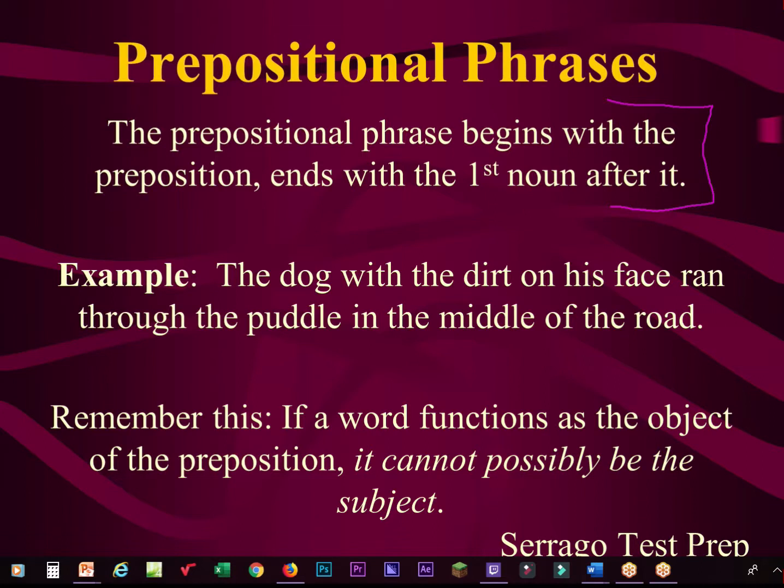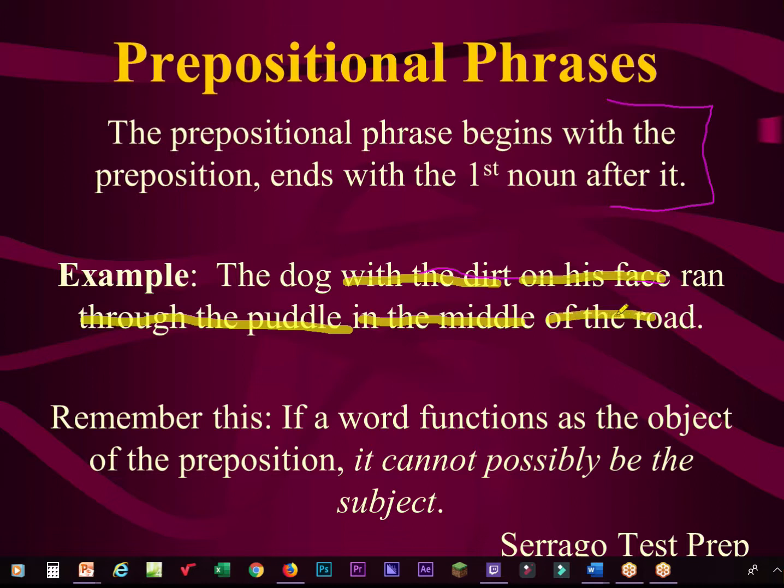So in our example here, with the dirt on his face is a prepositional phrase. It starts with a preposition, it ends with the first noun. Starts with a preposition, ends with the first noun. Same thing, starts with a preposition, ends with the first noun every single time.